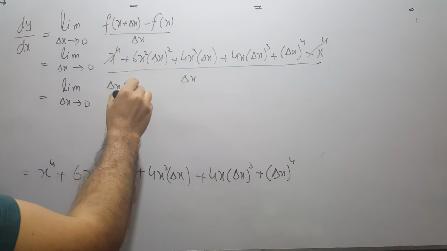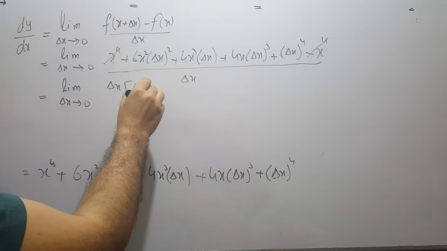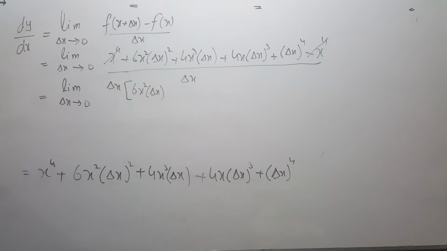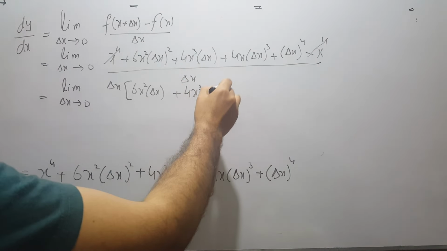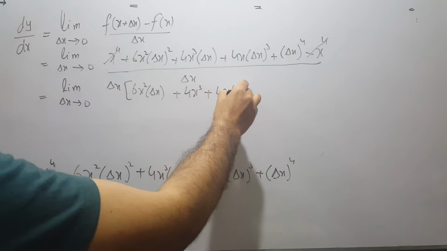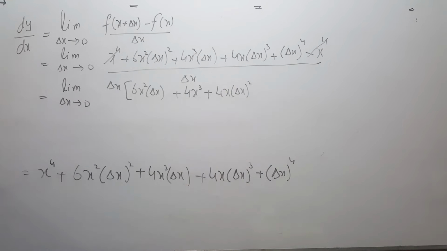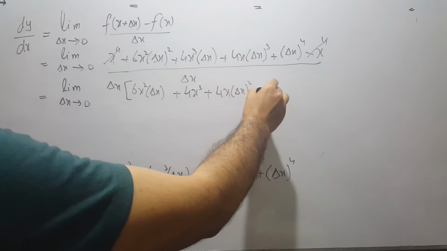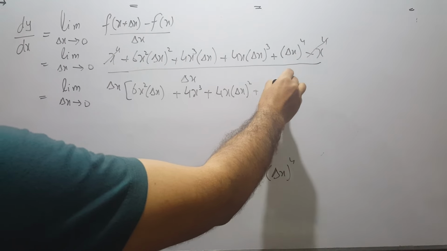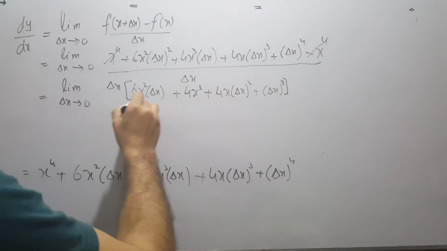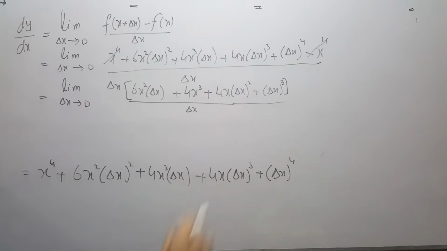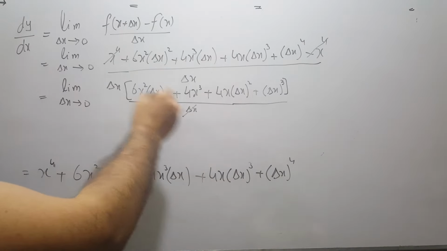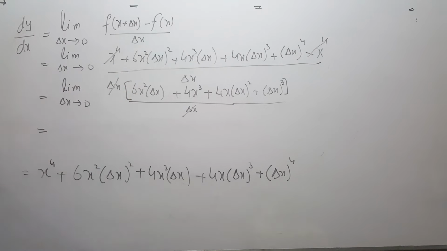We are left with 6x square delta x, plus here we are left with 4x cube, plus here we are left with 4x delta x square, and the last term would be delta x cube, all divided by delta x. Now this delta x will cancel out with this one.